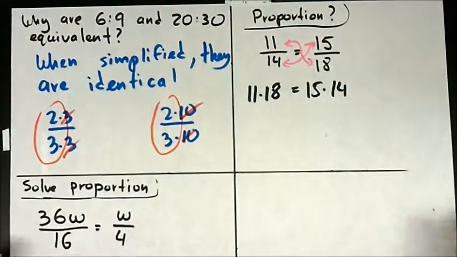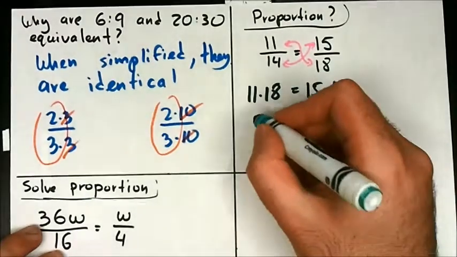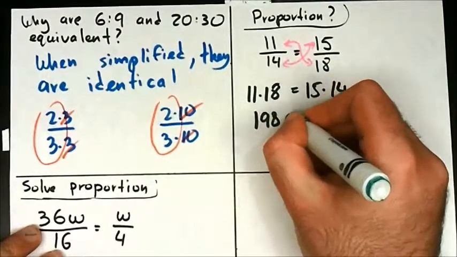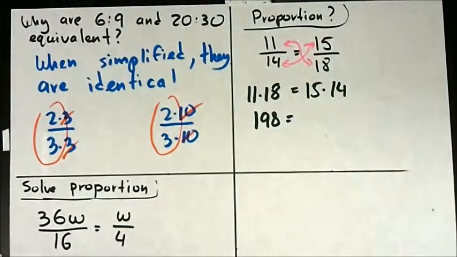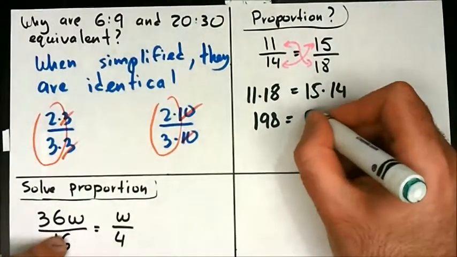That looks about right. So top left, bottom right, bottom left, top right. So what is 11 times 18 and what is 15 times 14? Well, 11 times 18 is 198, and 15 times 14 gives us a cool 210.